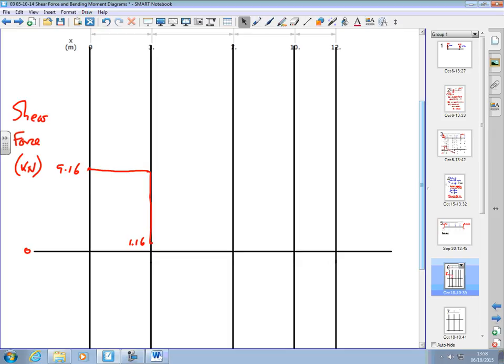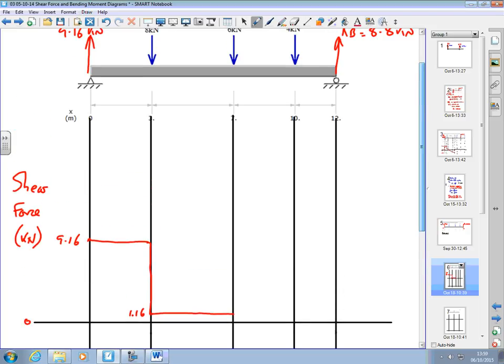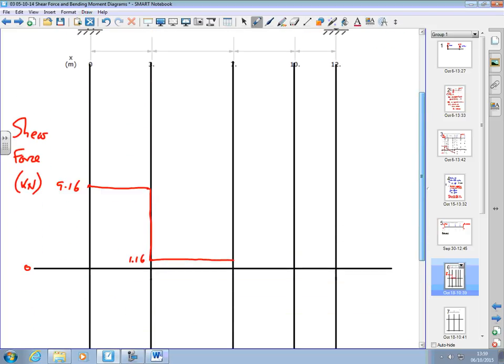So you can put on there what the values are, and then we can carry on across and draw the shear force diagram in. Then we come down another 6.